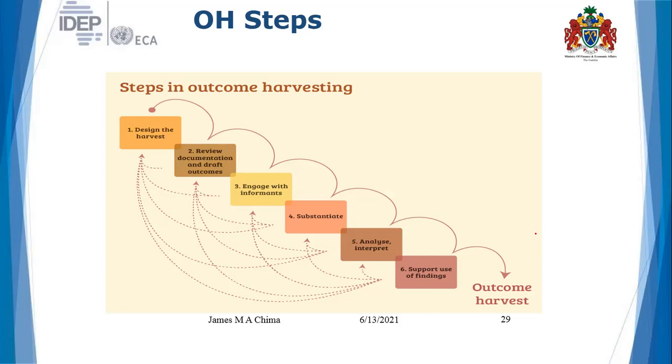So the key step within the outcome harvesting is the supportive use of the findings that come from the outcome harvesting process. And only then shall we have harvested the outcomes that come from implementing a process.